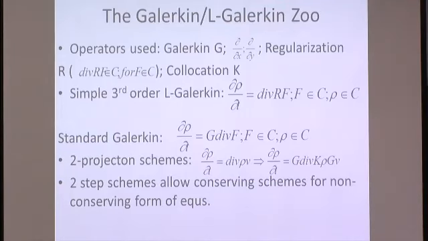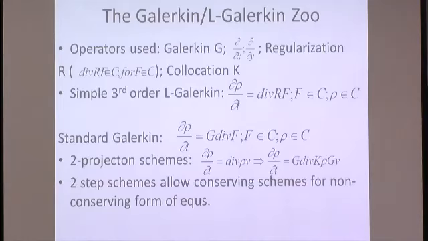The regularization operator, which makes a continuous function differentiable, and the collocation operation K, which, of course, makes a difference where you define your grid points. If there is no collocation because your flux function is linear in x and y, then of course the collocation has no effect, and you can choose your collocation points where you want.